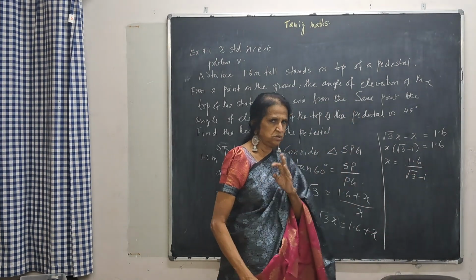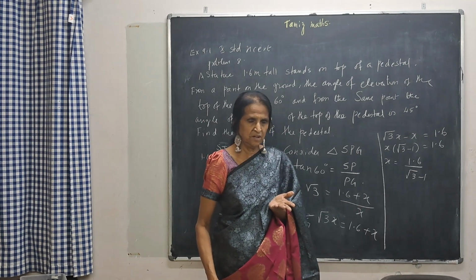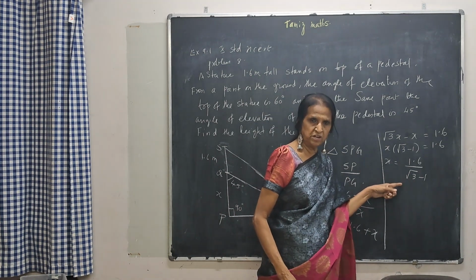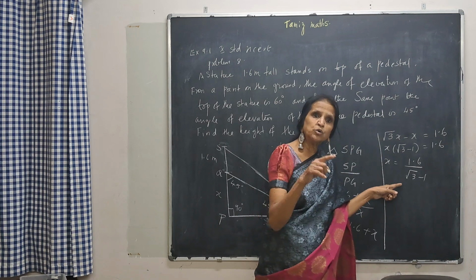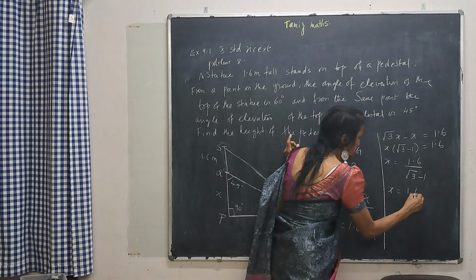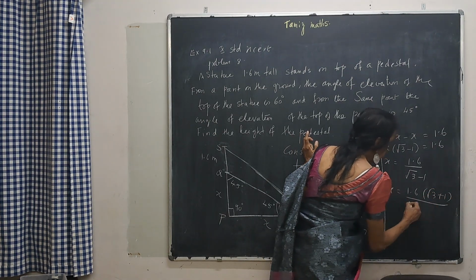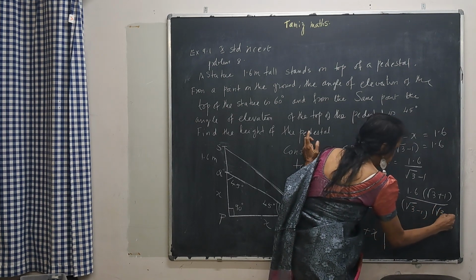This is one way to give the answer. If answers are changing, then you don't have anything to bother about that. Multiply and divide by the conjugate of the denominator. What's the conjugate of the denominator? Root 3 plus 1. So x is equal to 1.6 into root 3 plus 1 by root 3 minus 1 into root 3 plus 1.